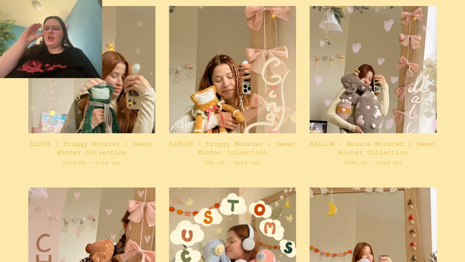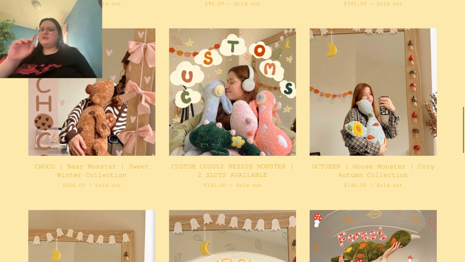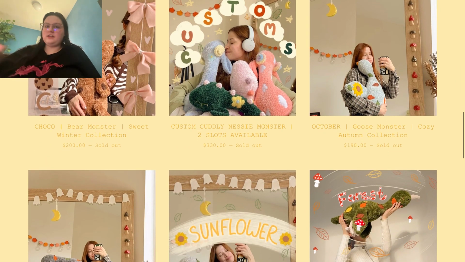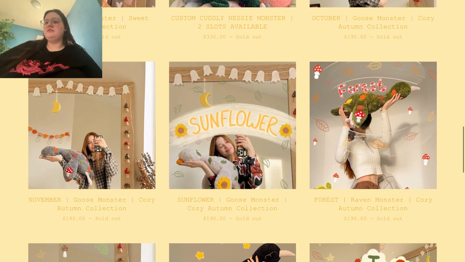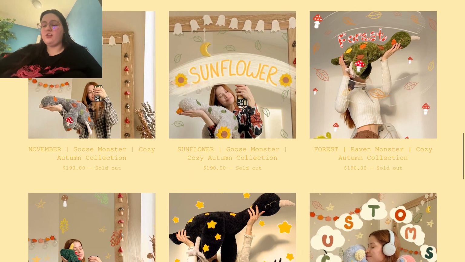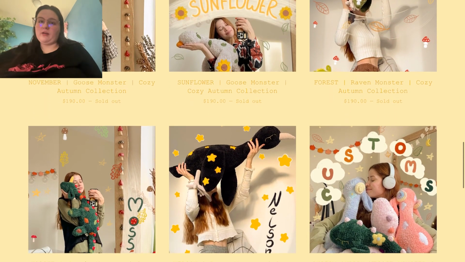And she also sells them in collections. So like all of these here, you can see at the end, there's this collection. She puts them onto the website in batches, and she's sold pretty much all of them, and they're high ticket items. So she's really making a good amount of money on here.